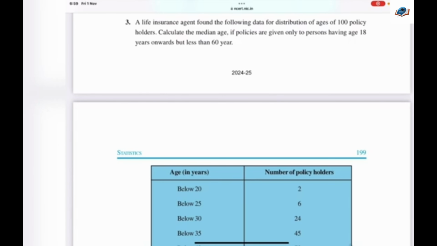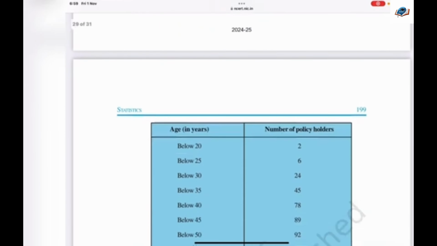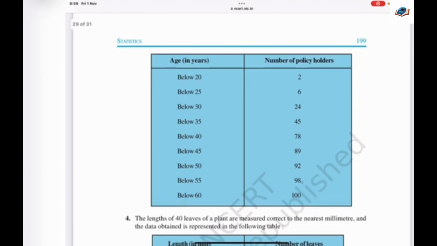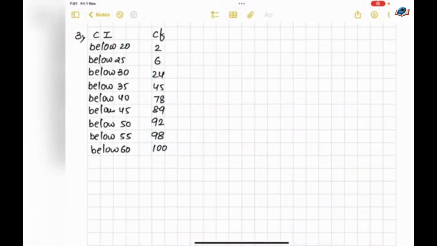The third question says a life insurance agent found the following data for distribution of age of 100 policy holders. Calculate the median age if policies are given only to persons having age 18 years onwards but less than 60 years. So this is the thing. Now it was told that the policies are given from 18 to 60.